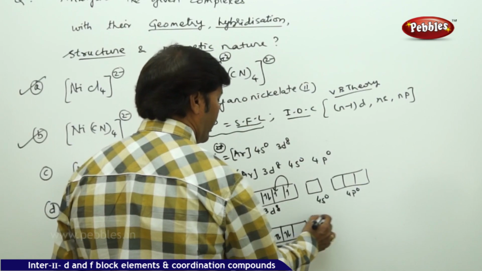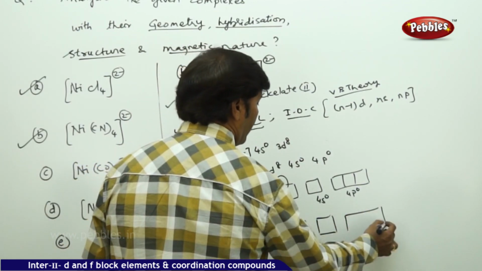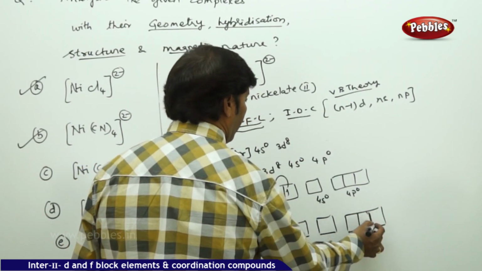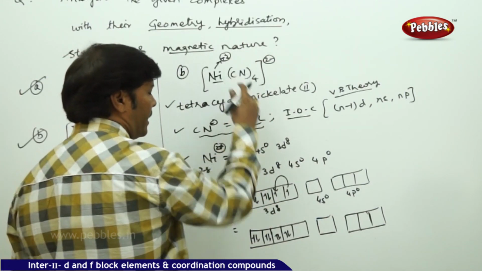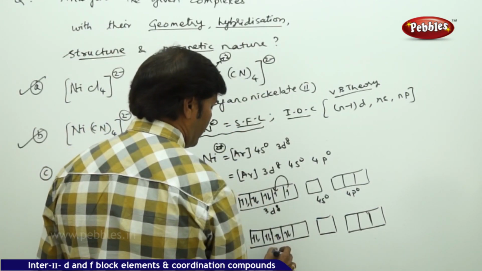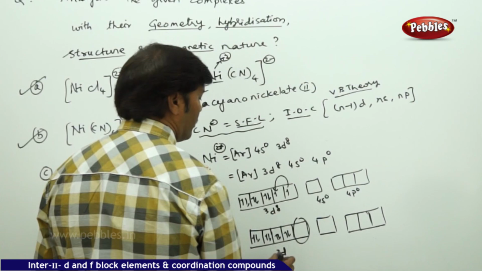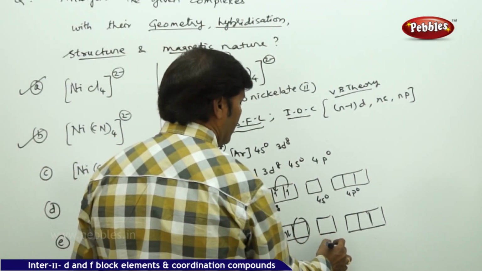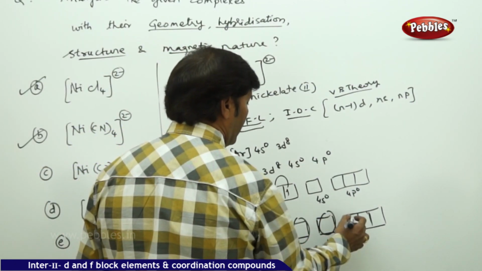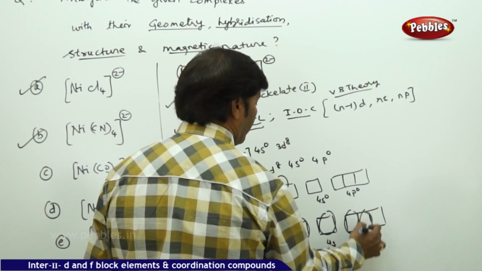So you find one vacant orbital here, and because there are four cyanide ligands, one cyanide is going to utilize the 3d orbital. Then one cyanide from the 3d orbital, one vacant orbital from 4s, and another two vacant orbitals from 4p.